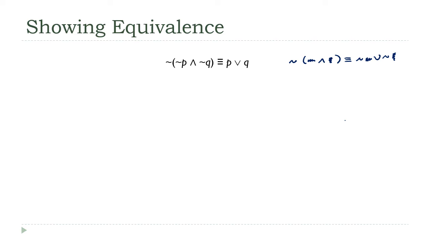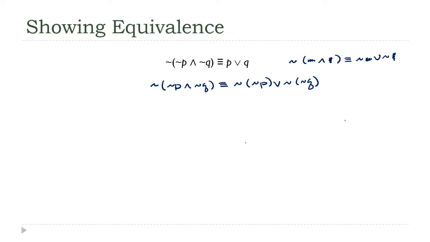Right? So what De Morgan's law is telling me is that not P and not Q is equivalent to not the first thing, that's not P, or not the second thing, that's not Q. Okay.